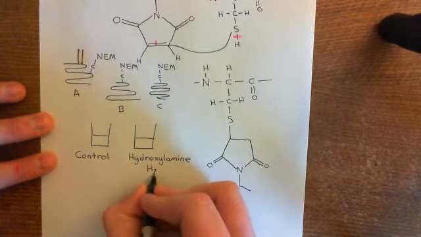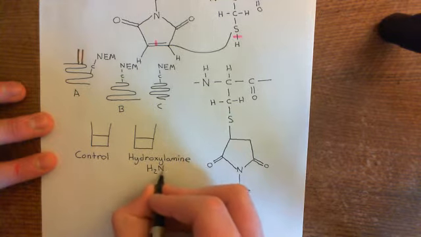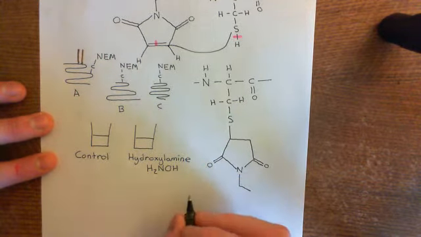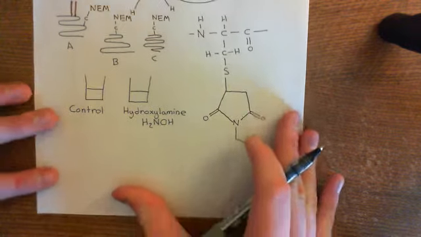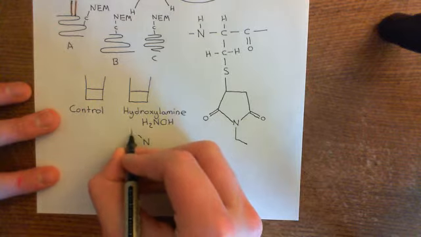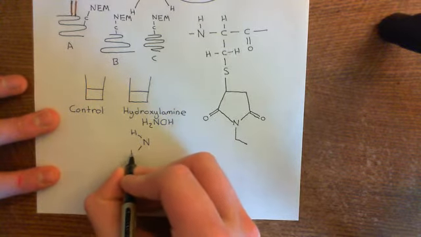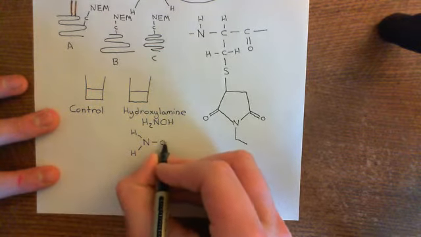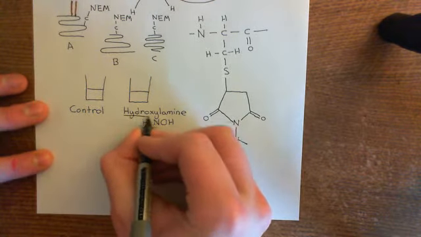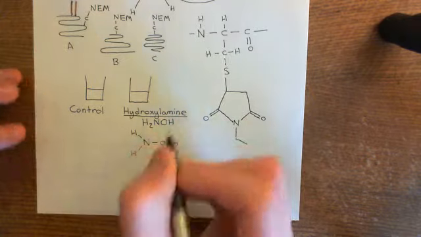Now, it's often written like so: H2N, which is an amino group, and then OH for an alcohol group, and that pretty much tells you its structure. I will draw out its structure just to make things crystal clear. So basically you have an amino group, like so, and then an alcohol group coming off the amino group, and this is the structure of hydroxylamine.